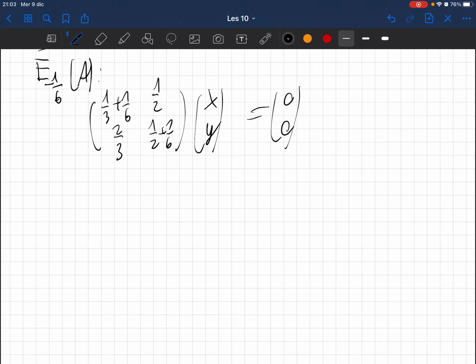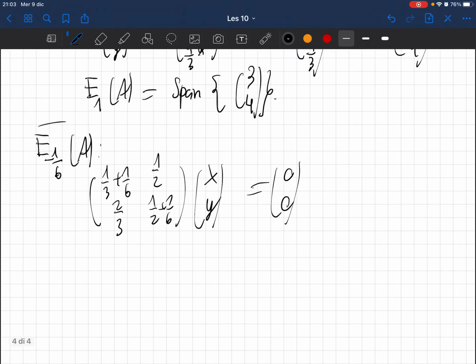So we just have to compute this: 1/3 plus 1/6 is actually 1/2, and this is 2/3.